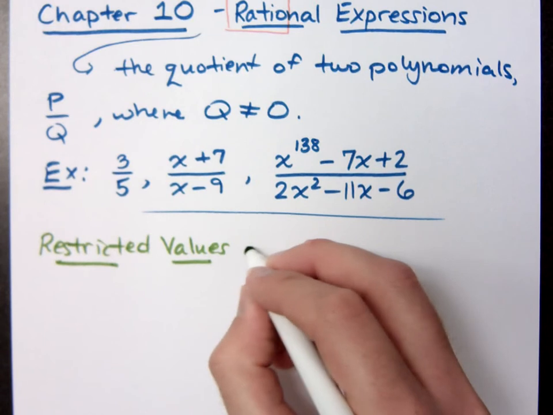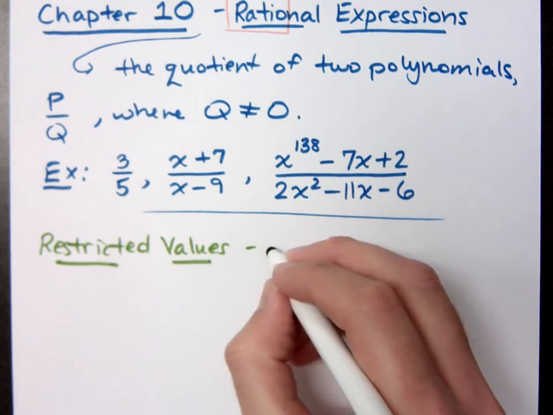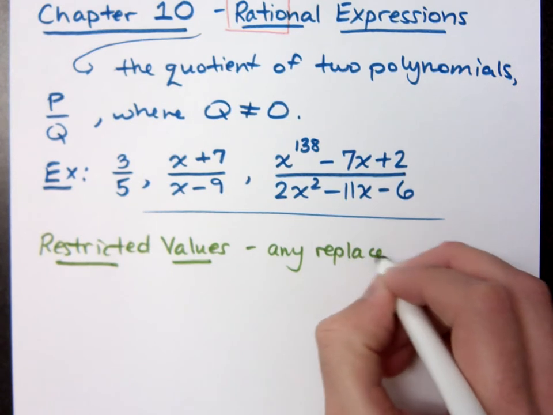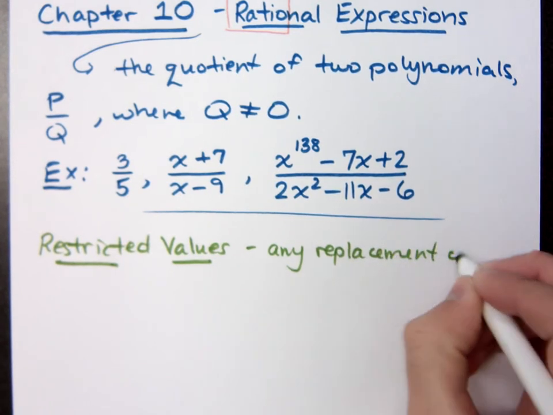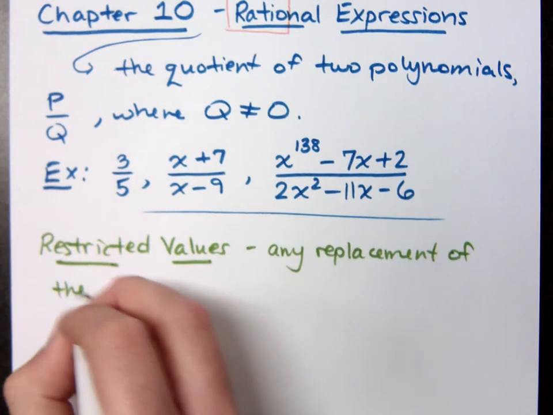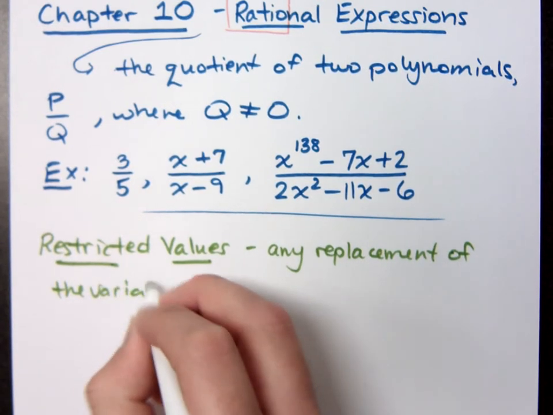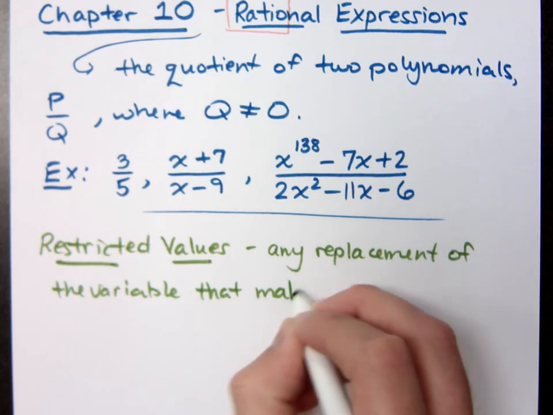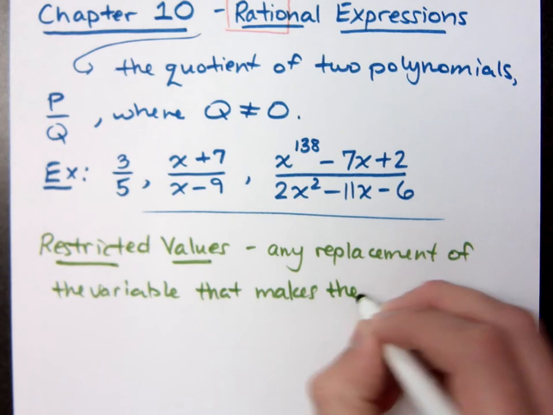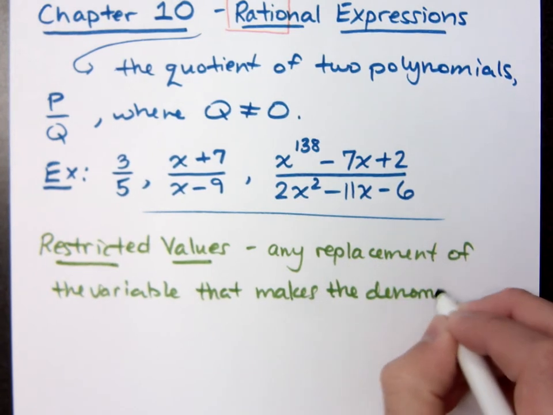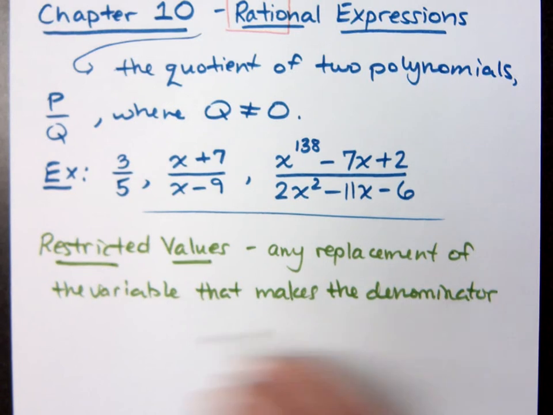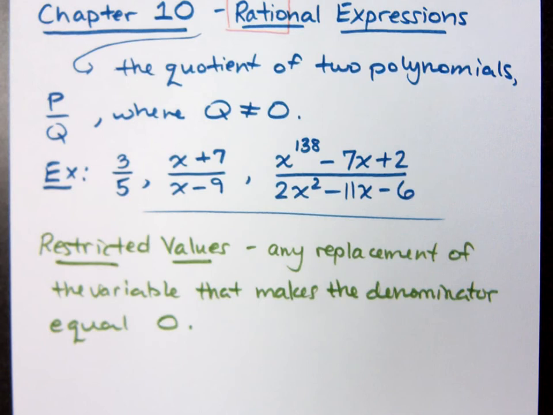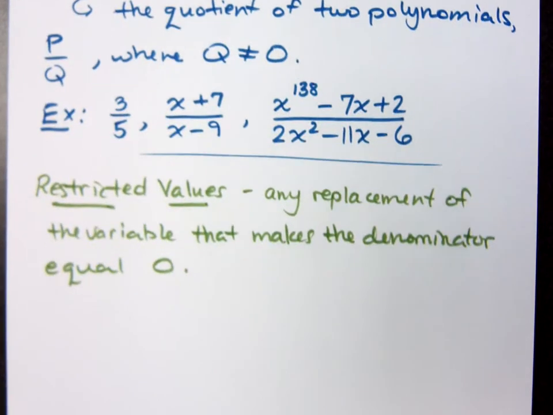A restricted value is any replacement of the variable that makes the denominator equal 0. That's going to be a restricted value for us.